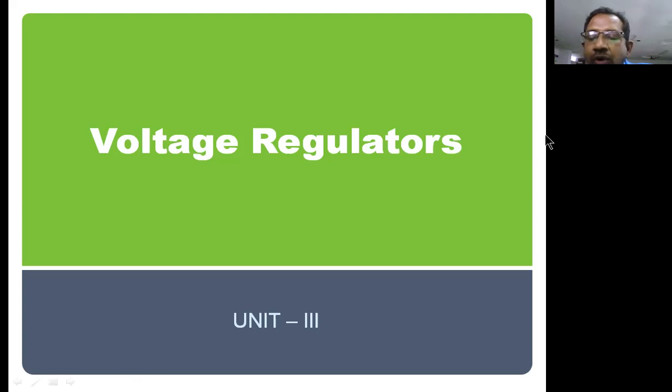Now, what is the best method in the market to supply a constant DC voltage to an electronic gadget? It is obviously going to be the voltage regulators. Why?